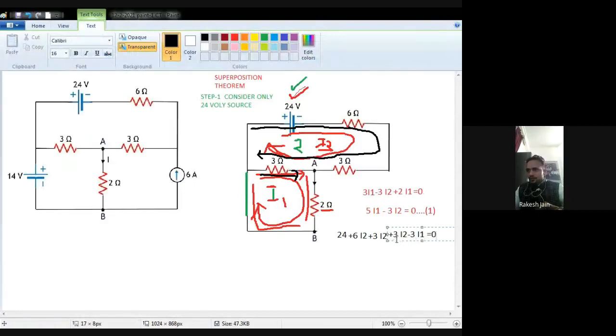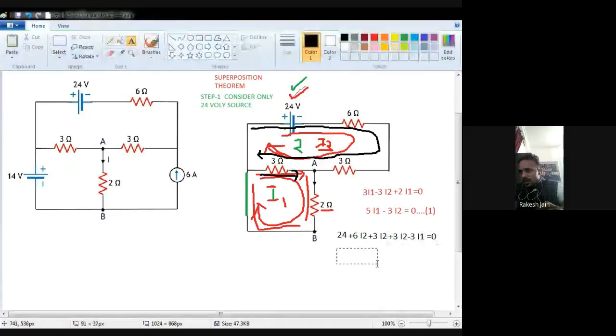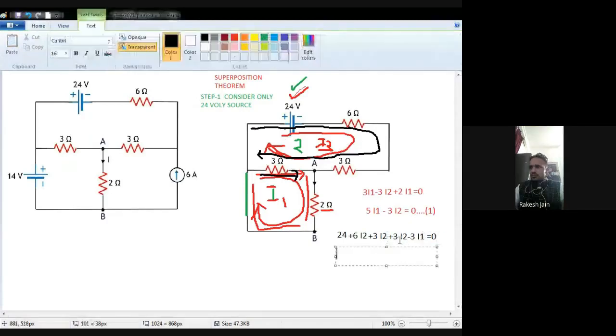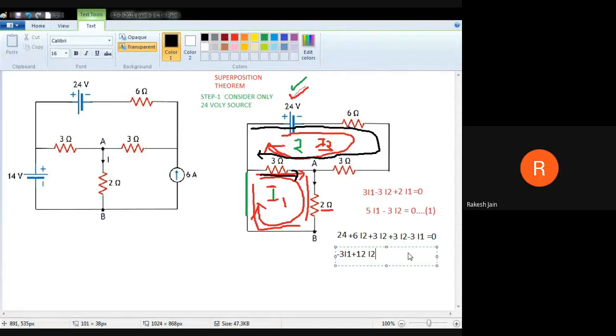Now the 3I1 branch is completed. Now I come from top to bottom to this 2 ohm. Only one current passes, that is I1. So plus 2I1 is also there.